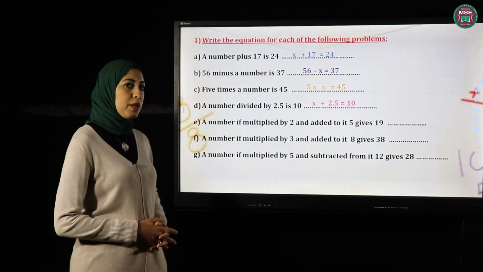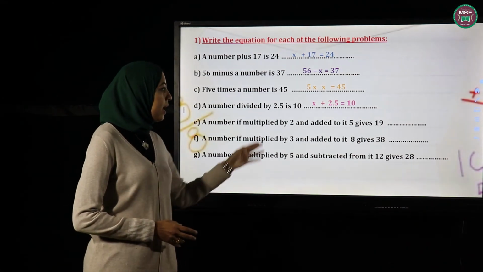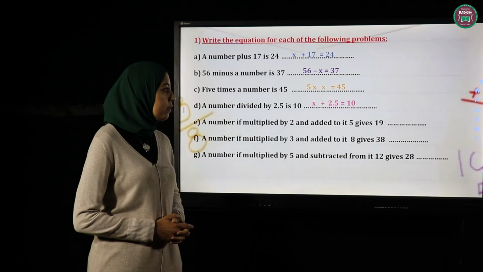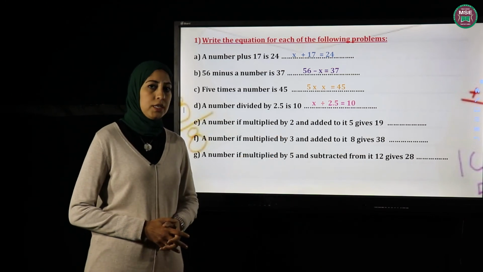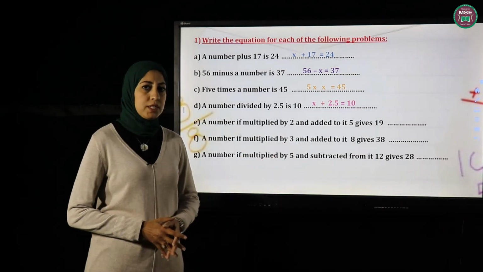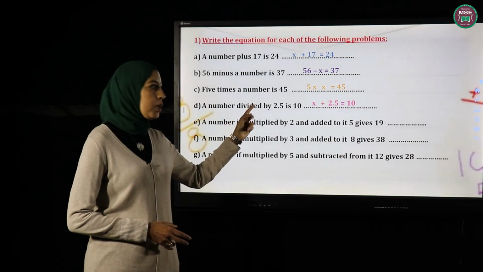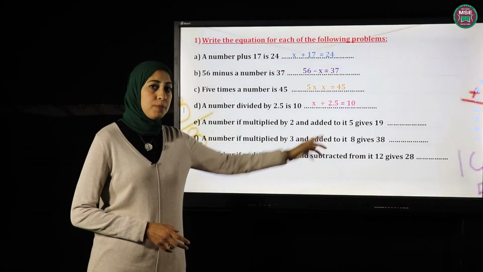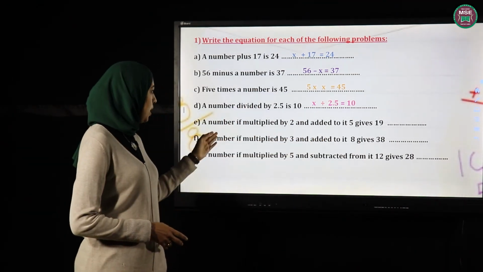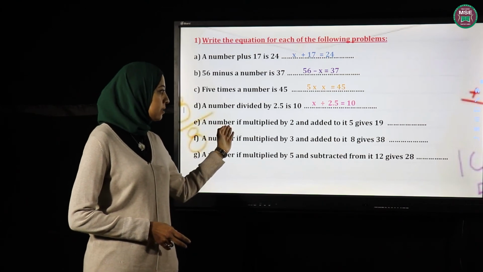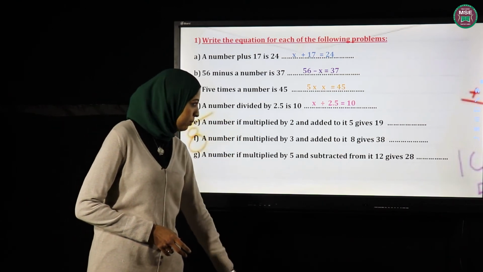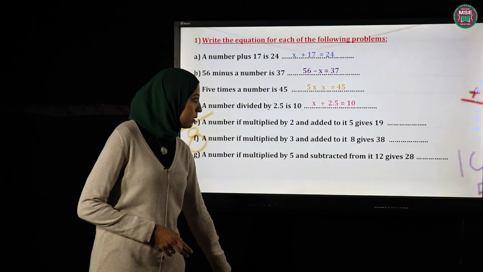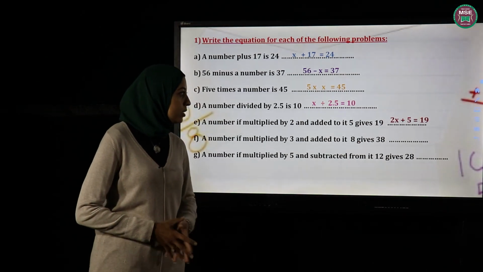A number if multiplied by 2 and added to it 5 gives me 19. Gives me means equal. So here the keywords is and gives me means equal. Okay, again, a number means x. X multiplied by 2 plus 5 equals 19.